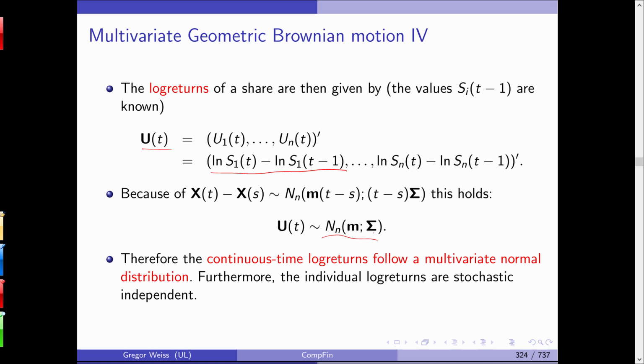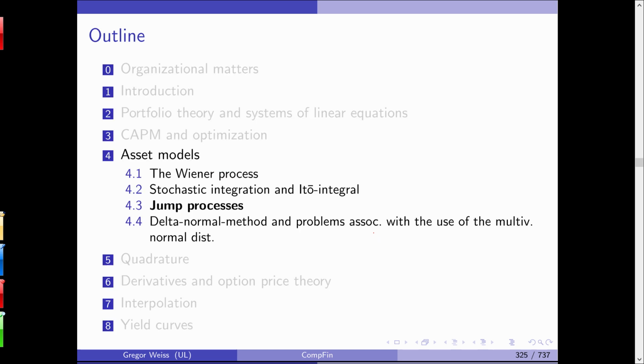Instead we assume a geometric Brownian motion for the process of the prices, and as a result, more or less as collateral damage, we get the convenient result that the log returns are normally distributed. We are not assuming normally distributed prices or returns, but a geometric Brownian motion.